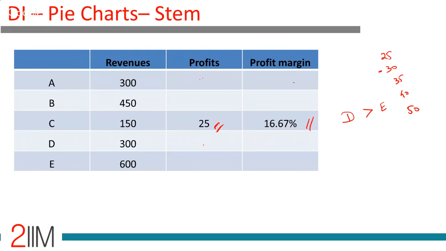What this tells us is A has a profit of 30 crores and a profit margin of 10%. Now we have only 35, 40, and 50 left for D, E, and B.